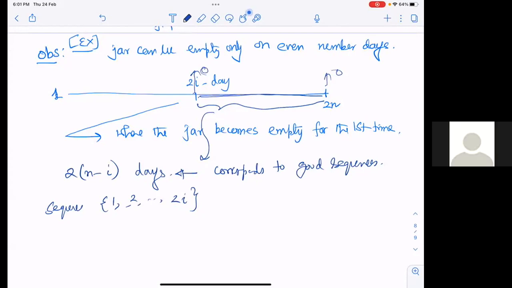Yes, that's not the constraint, but there is a more important one. It cannot become 0 at any point. So no prefix sum can become 0, because by your choice you assume that 2i is the first day on which the jar becomes empty.